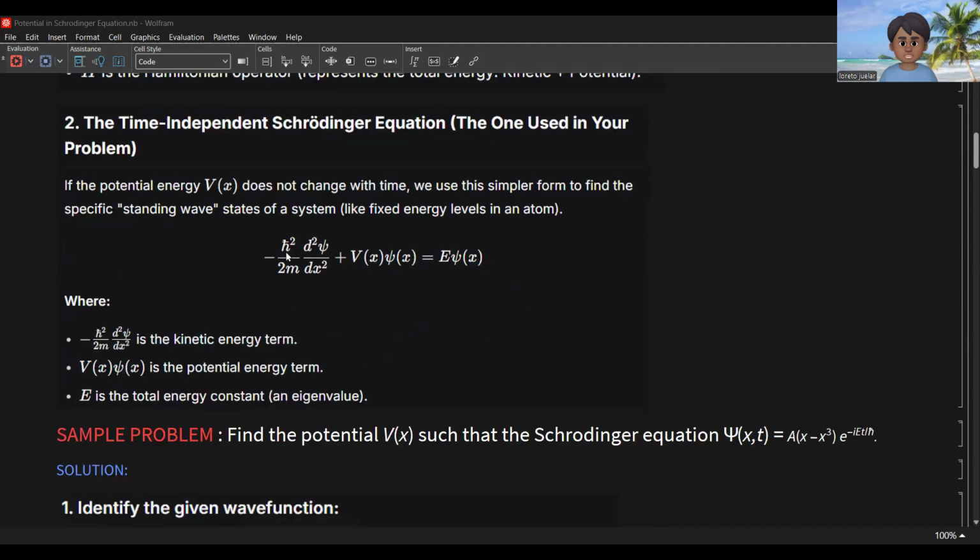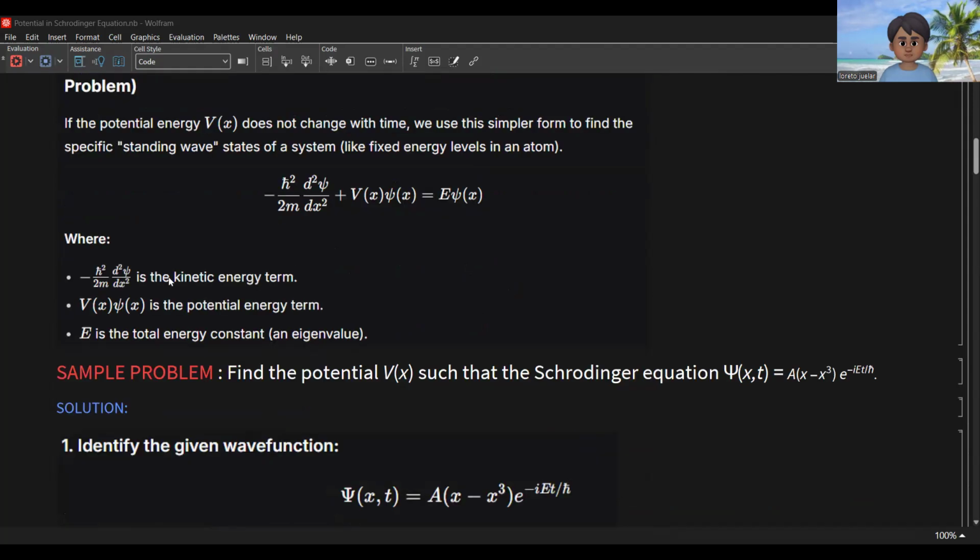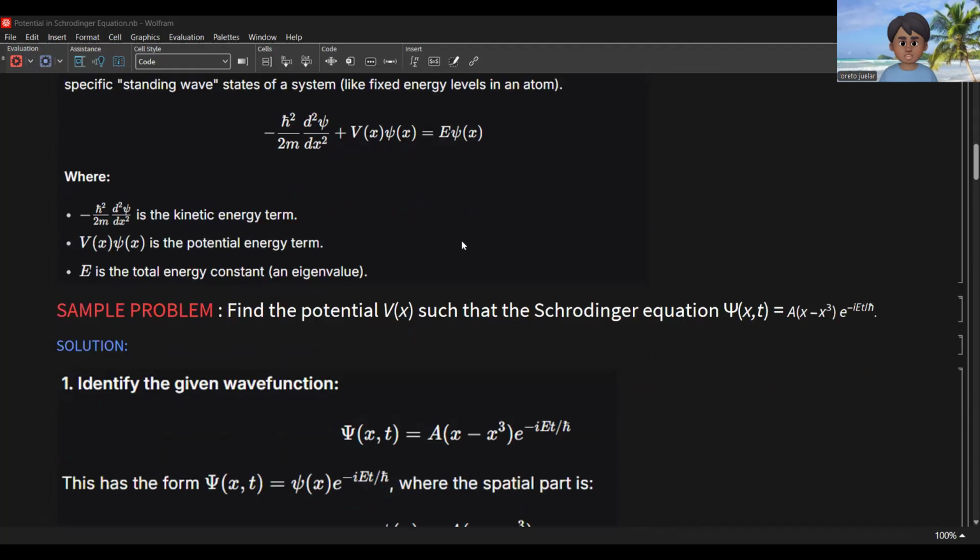For example, negative h bar squared over 2 times mass times the second derivative of the wave function with respect to x, plus the potential times the wave function, is equal to energy times the wave function. So we have here the kinetic energy term, and then this one is the potential energy term. And E here is the total energy constant, the eigenvalue.